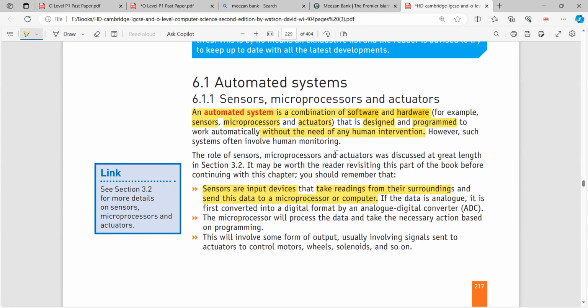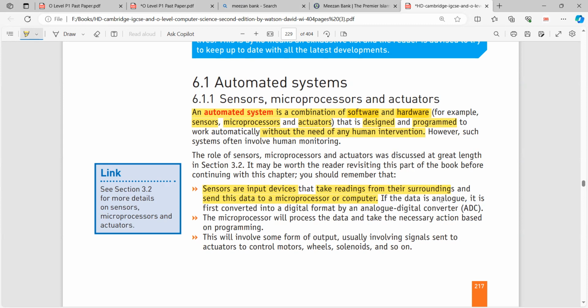But if they are taking readings from the world, it means they are taking readings from analog, right? Because all of the world values that are measurable are known as analog values.